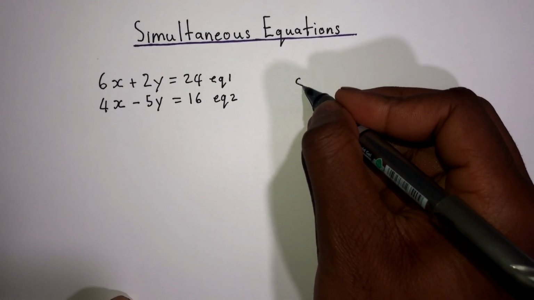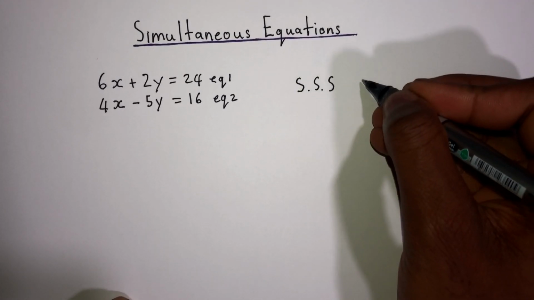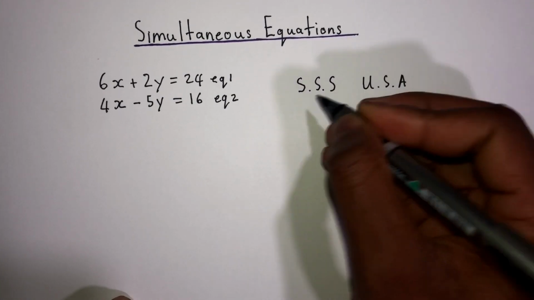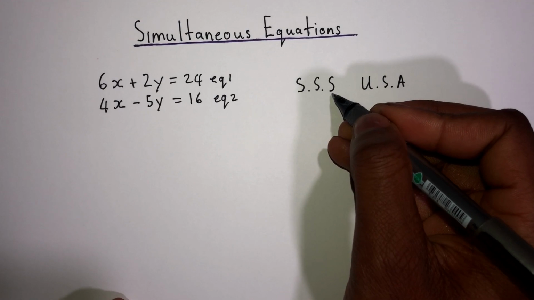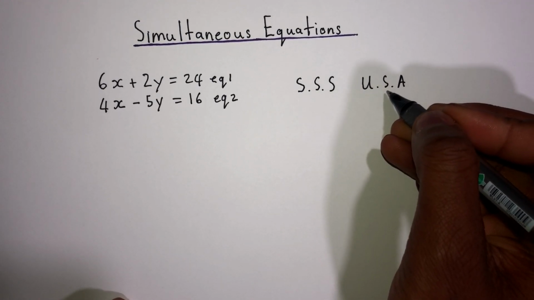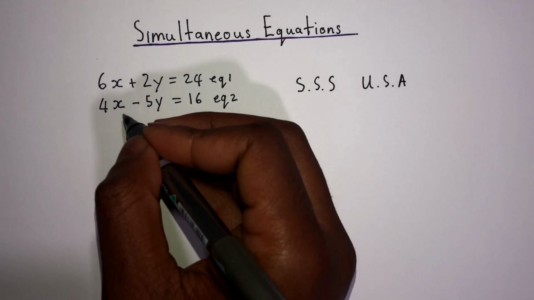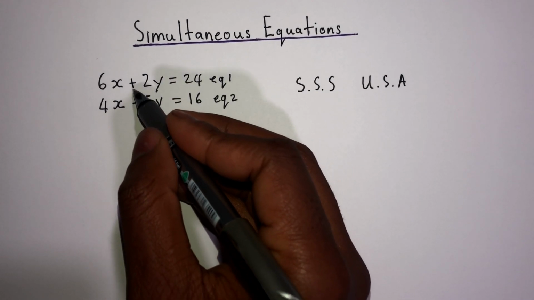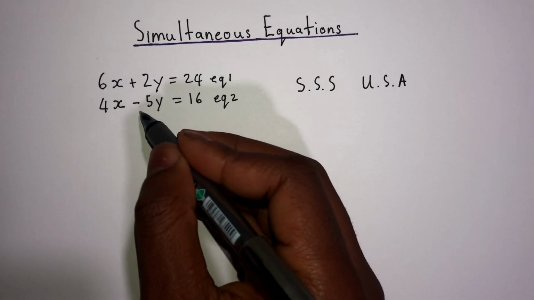From our previous lessons, we learned two abbreviations: SSS, which stands for same sign subtract, and USA, which stands for unlike sign add. Based on our analysis, we can see that we're going to add both of these equations.